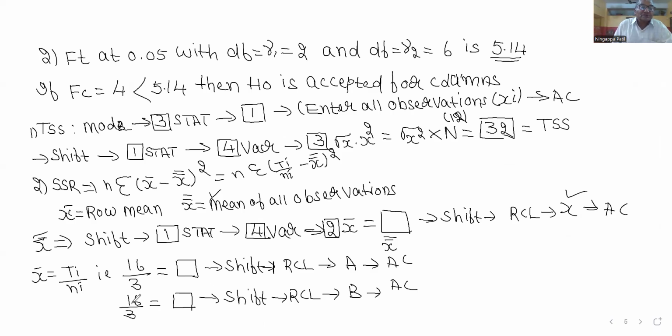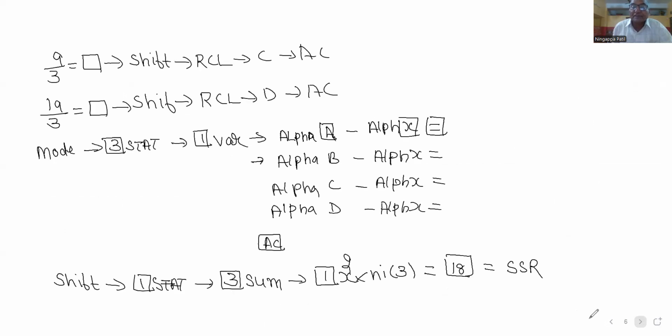Then the second row is also 16. 16 upon 3 equal to button, store it in letter B and press AC. Next, the third row total is 9. 9 upon 3 equal to button, store it in letter C and press AC. And the last row sum is 19. 19 upon 3 equal to button, store it in letter D and press AC.